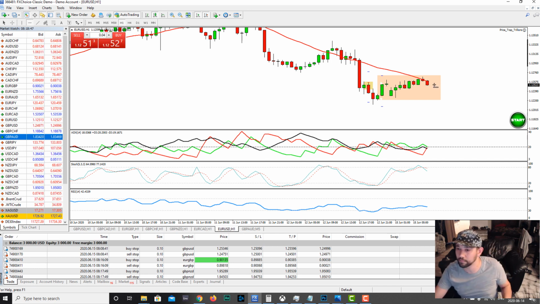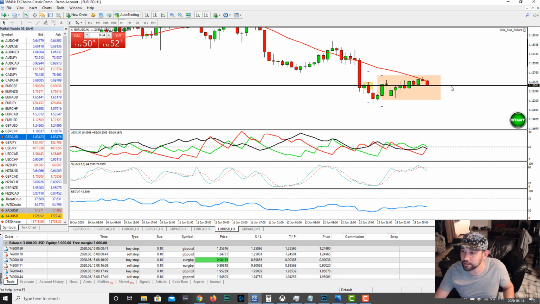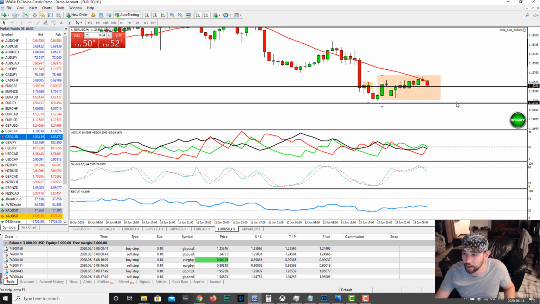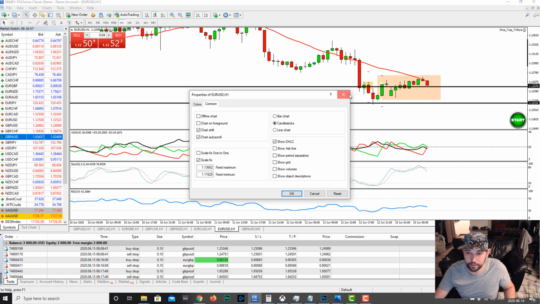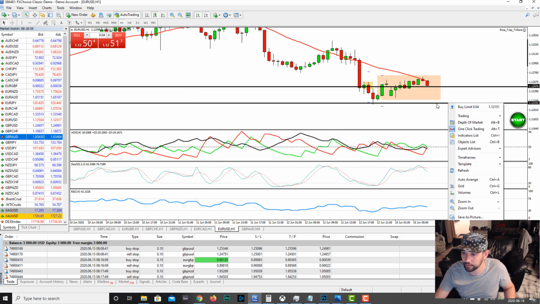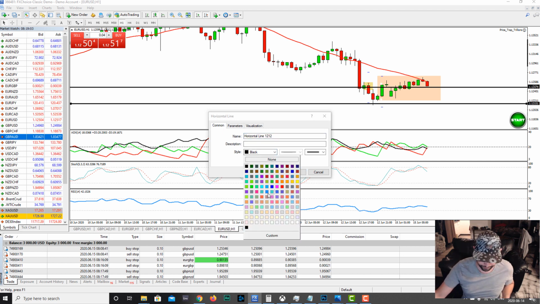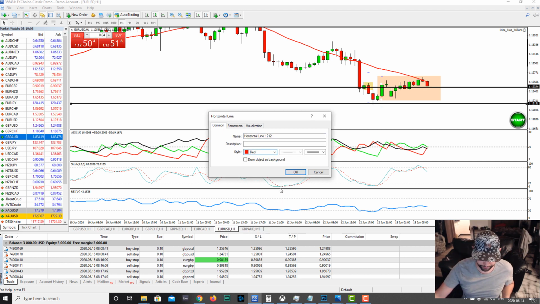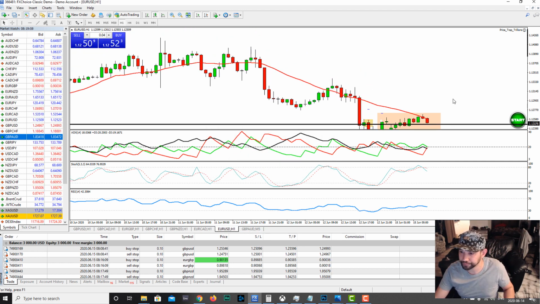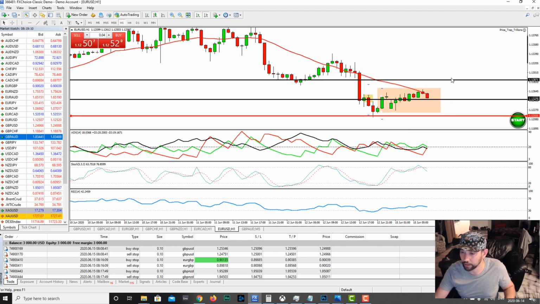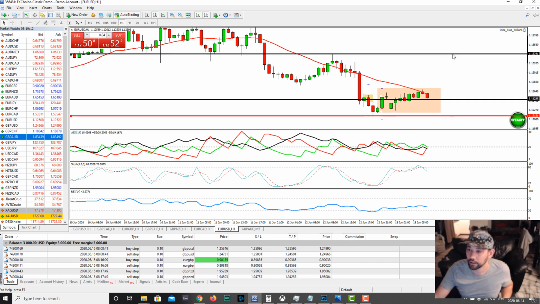Let's say that this is your entry and this is your stop loss. And let's change the color of this. Let's make our stop loss red. All right. And let's make our take profit green.